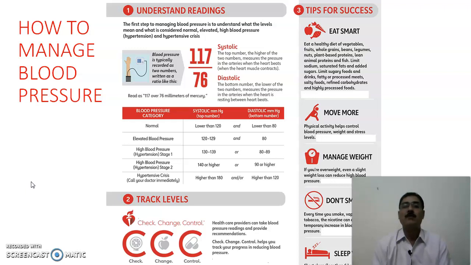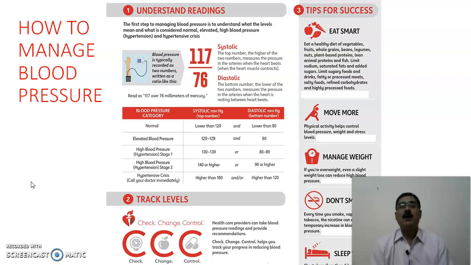It means you have to check your blood pressure. You have to change. It means you have to control your various behavioral activities, the physiological activities or daily routines.